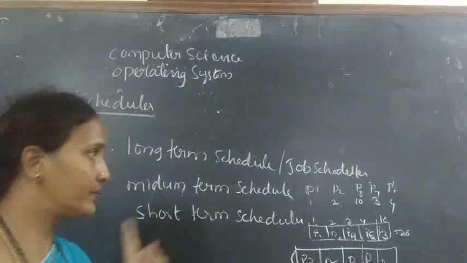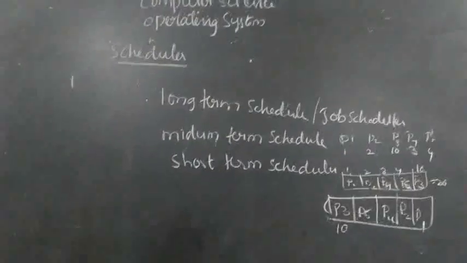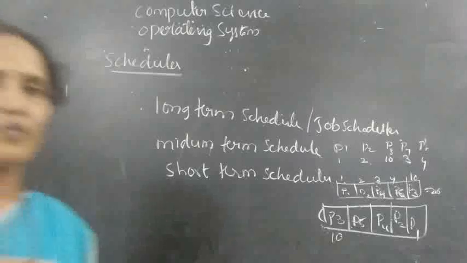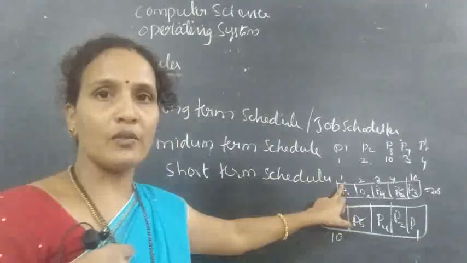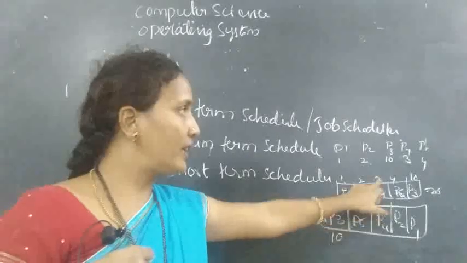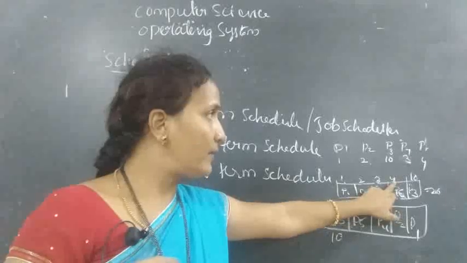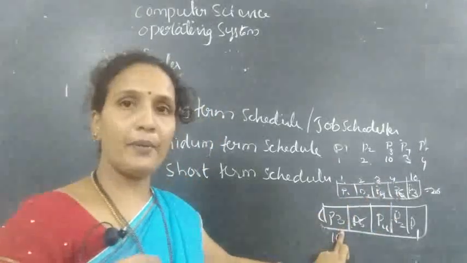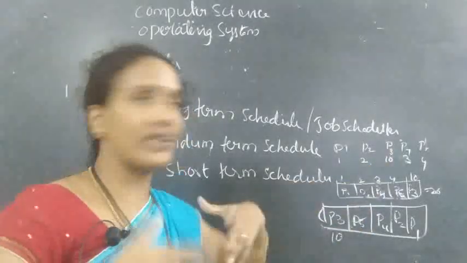Once you go through this: here P2 waiting time is 1 millisecond. P4 waiting time is 1 plus 3 milliseconds. Next P5 waiting time is only 6 milliseconds. But in the second example, the queue is first maintained with the longer execution time.